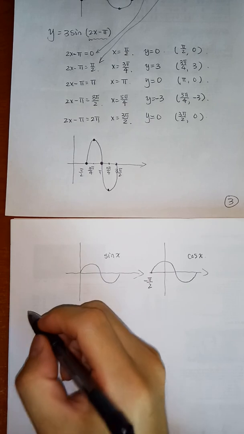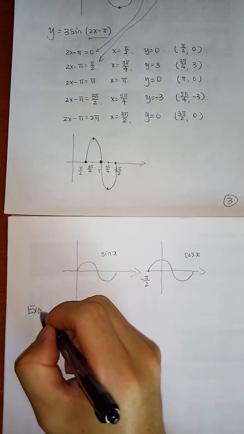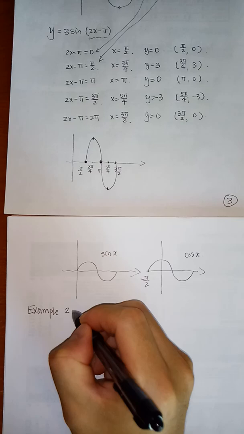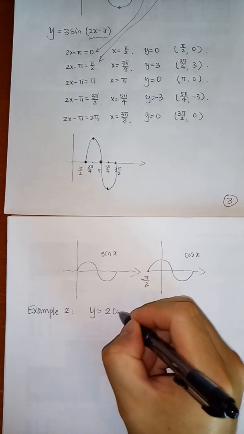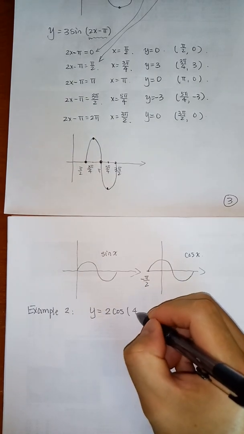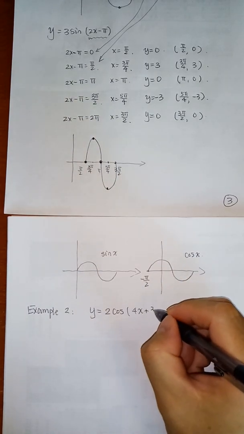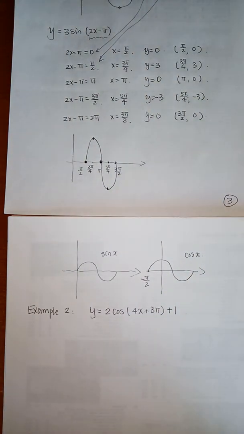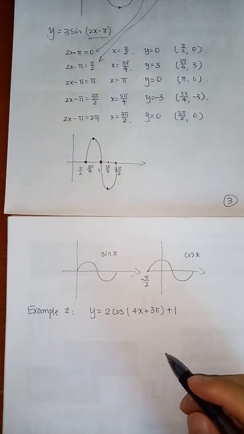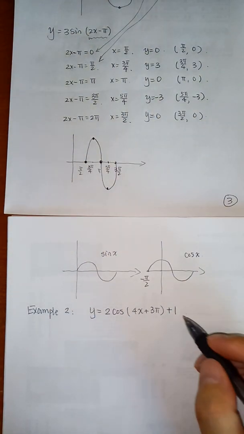Okay, so the second example. We have y equal to 2 cosine of 4x plus 3 pi, and plus 1. From this, we just add a 1.